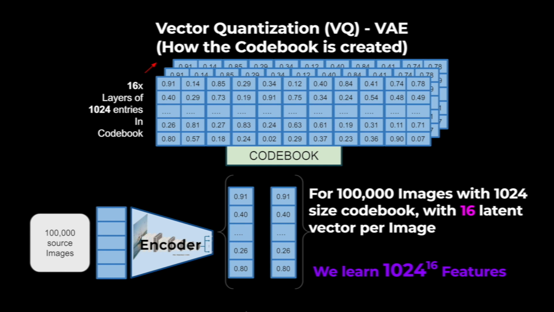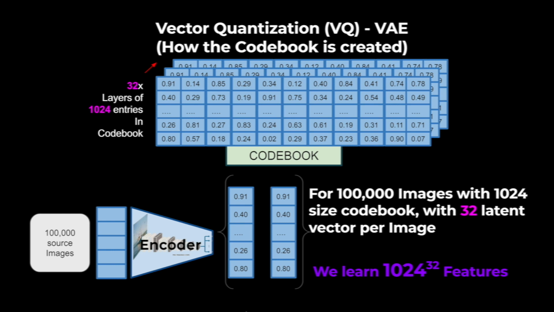As you can see, the growth in the codebook entries for each source data is going to give us more and more features. And now if we choose 32 features per image in our codebook, it gives us 1024 to the power 32 features. It means we have a massive amount of features for the given input source data.